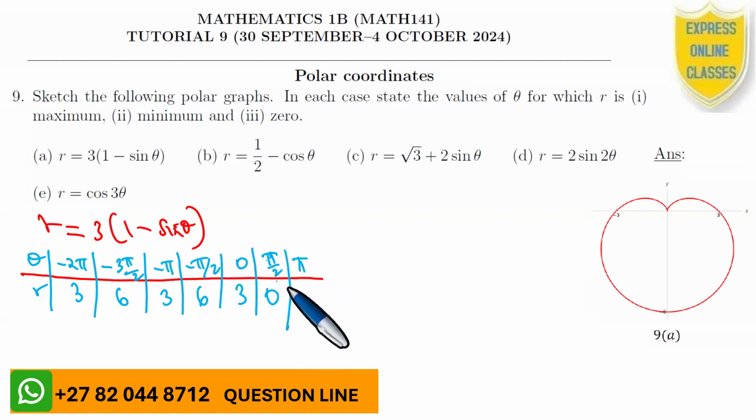Pi radians, 3. Then 3 pi over 2 radians, the sine is minus 1, giving us 6.